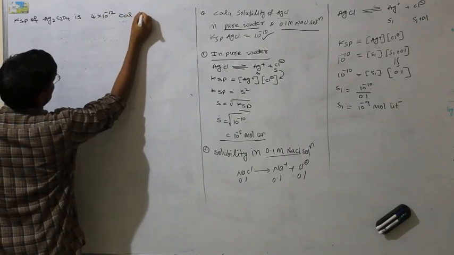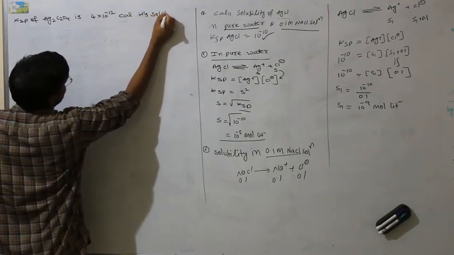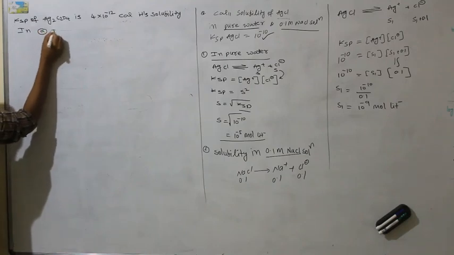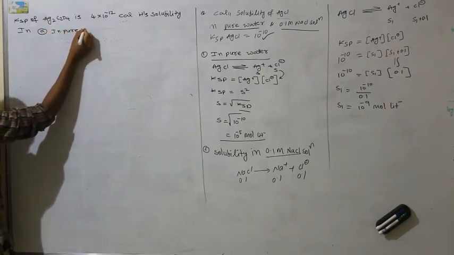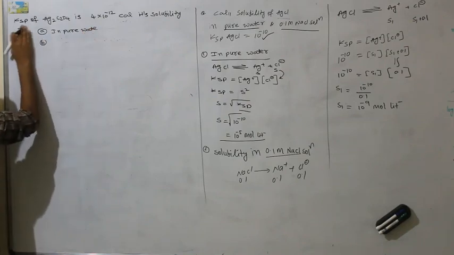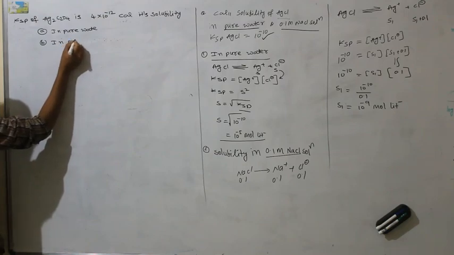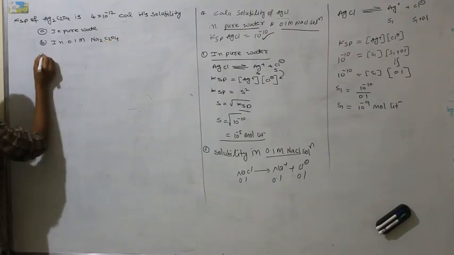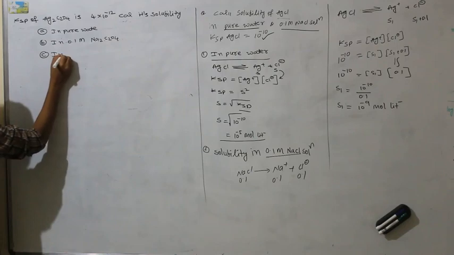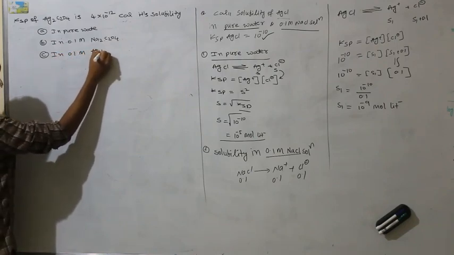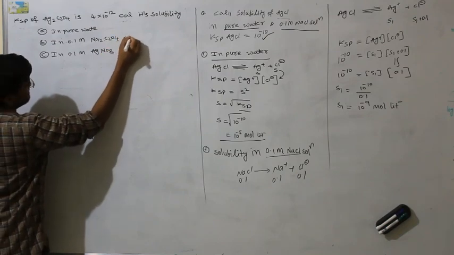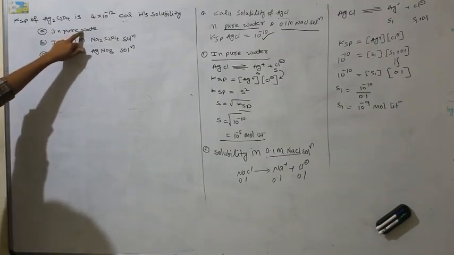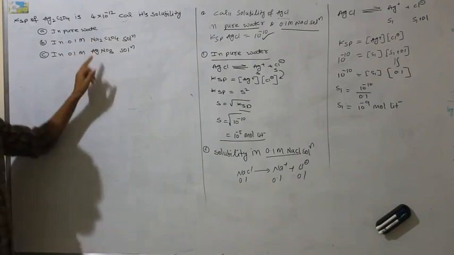Calculate its solubility, first in pure water, second in 0.1 molar sodium oxalate, third in 0.1 molar silver nitrate solution. So the first one is in pure water, and the second and third have common ion effects.